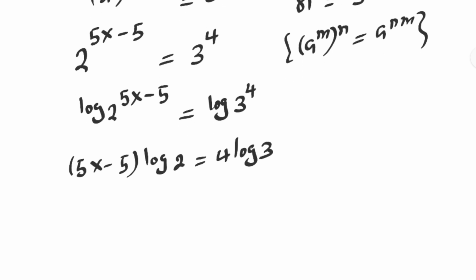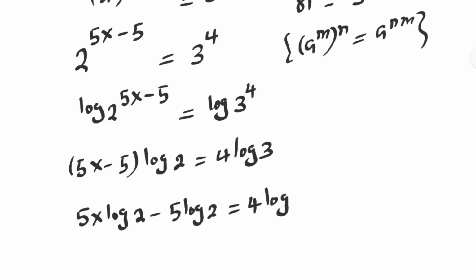Let's open the bracket here. 5x multiplied by log 2, this is 5x log 2, minus 5 multiplied by log 2, 5 log 2. This is equal to 4 log 3.